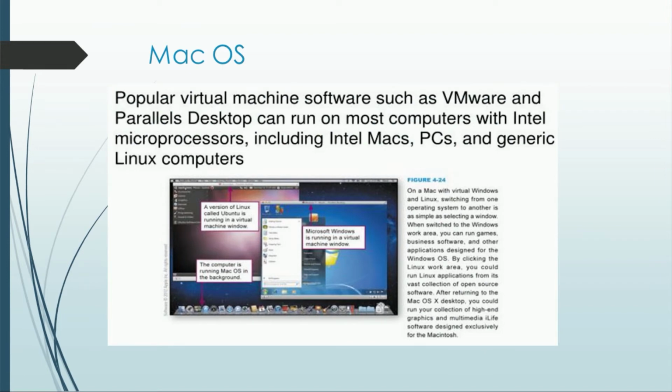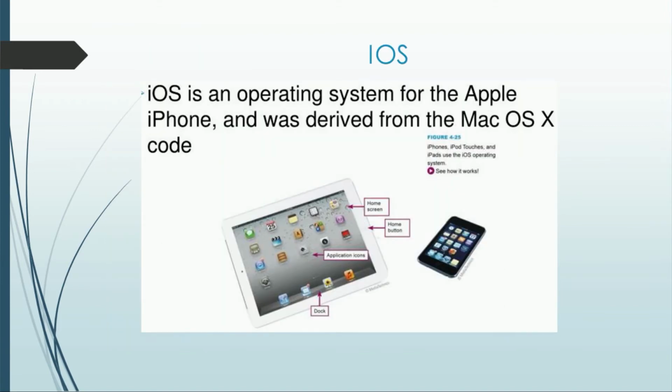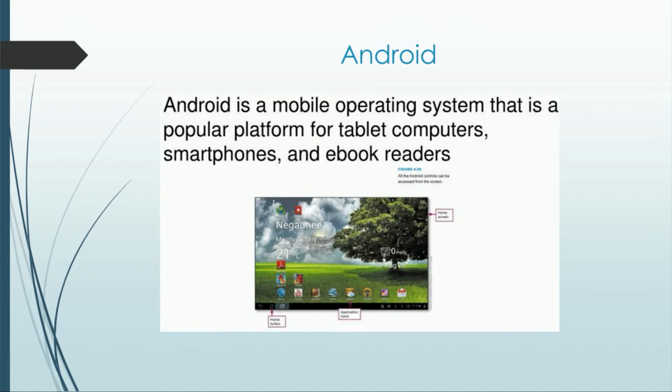Popular virtual machine software can run on Mac computers with Intel microprocessors, including Intel Macs and generic Unix computers. iOS is an operating system for the Apple iPhone and was derived from the Mac operating system.